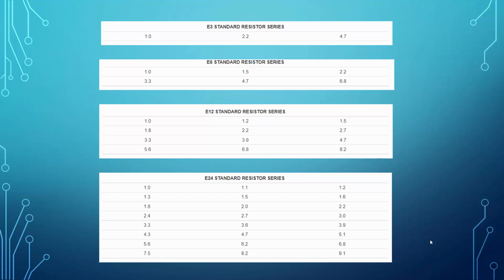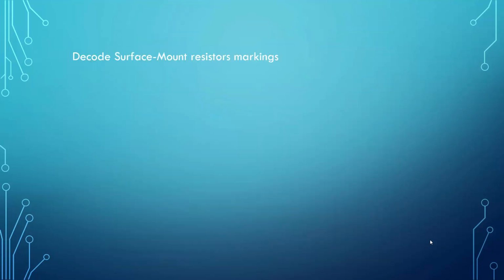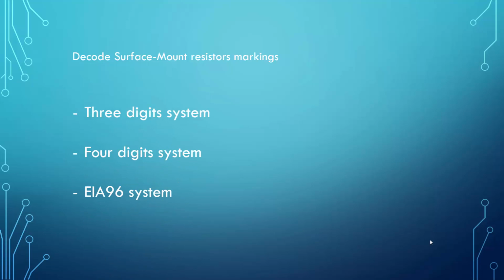In the next part, we're gonna look at how to decode surface mount or SMD resistor markings. Unlike through-hole resistors, which use colored bands to determine the value, surface mount resistors have numbers and sometimes letters. There are three systems that are used: the 3-digit system, the 4-digit system, and the EIA-96 system.